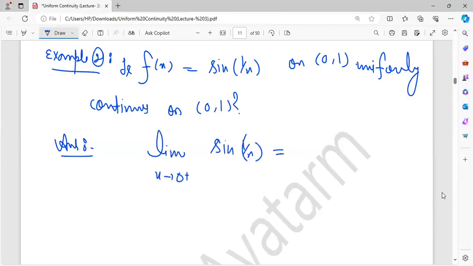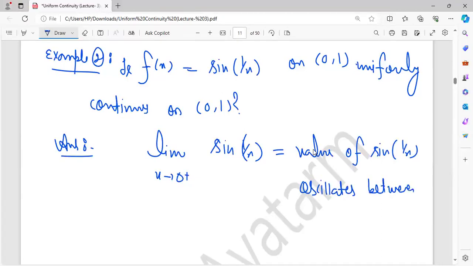When we go around 0, the value of sine 1 upon x oscillates between -1 and 1.